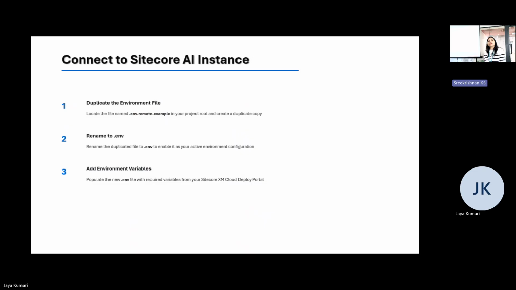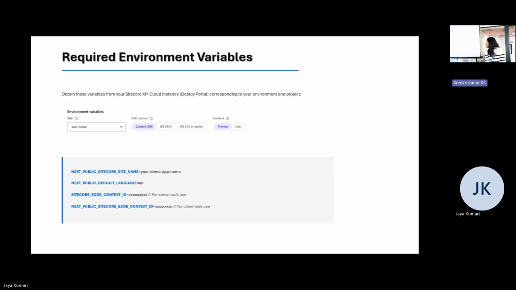Now to connect, I've shown you the .env.remote.example. We just have to rename it to .env.local and add the required variables from the XM Cloud instance. This is the interface in the deploy portal where it is shown JSS 21.x onwards. Now JSS 21.6 is having end of life in June 2026. It is already announced, so we have to move to Content SDK. That is for sure, because in another 6 or 7 months it is not going to be here.